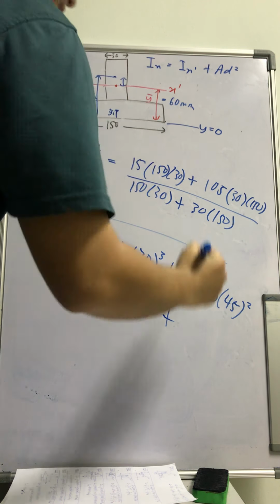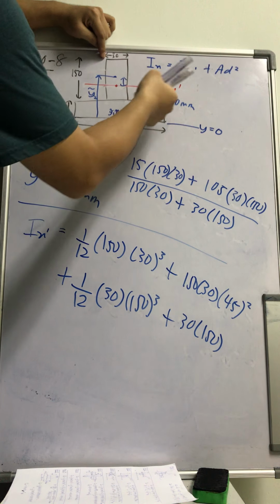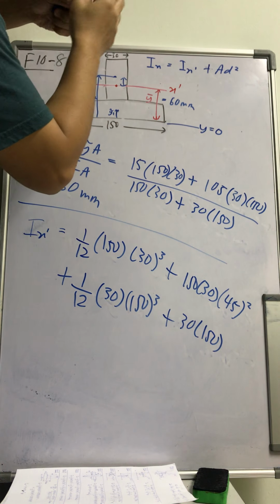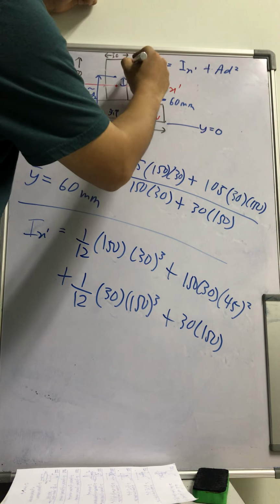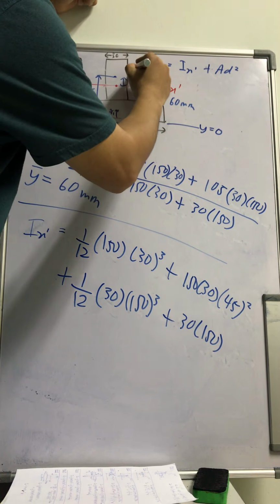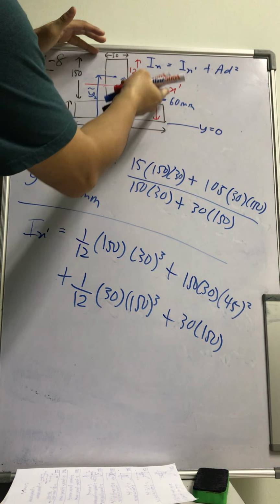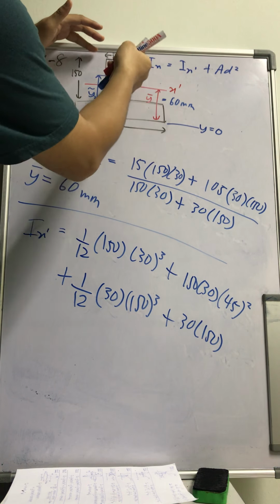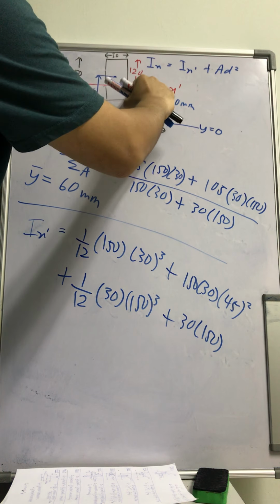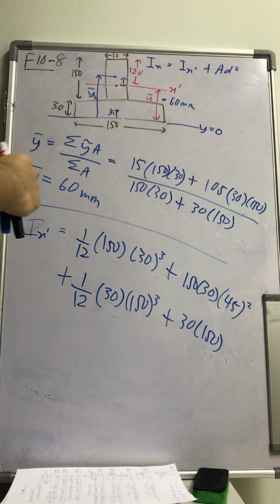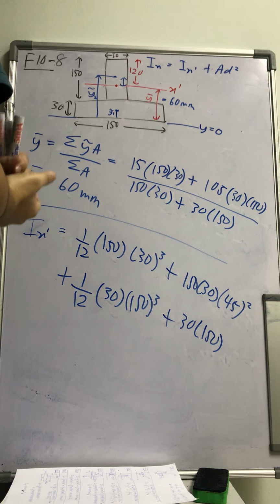150 plus 30, total is 180, isn't it? 180 minus 60 is 120, from the top to this x prime.